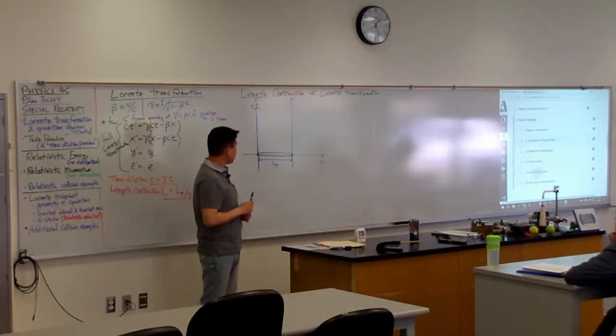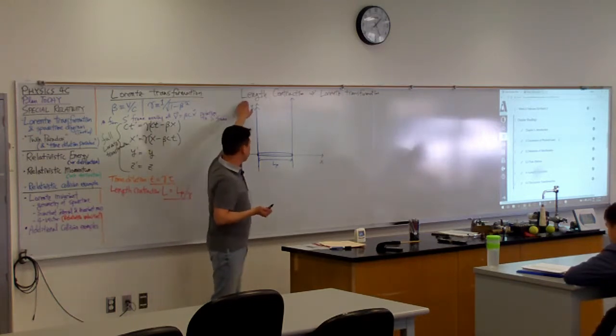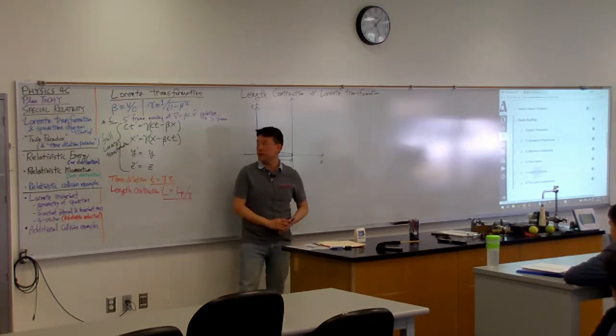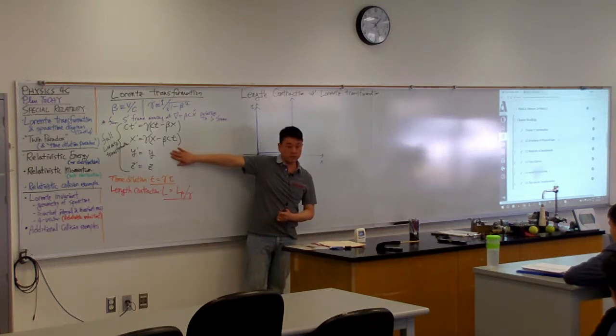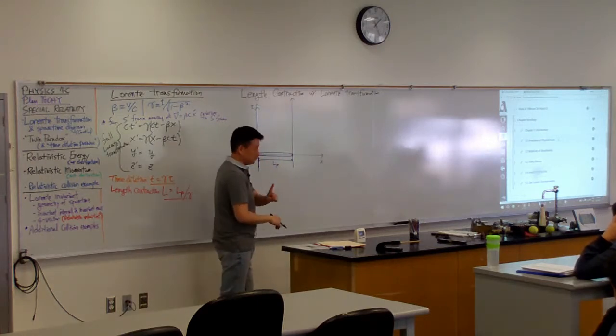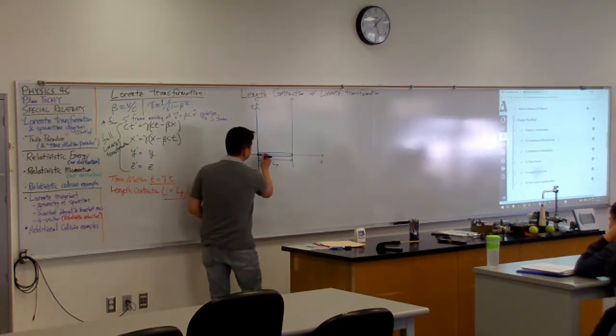Now, let's say we want to rederive length contraction using this space-time diagram illustration and the Lorentz transformation. So we do the same thing as what we were doing last time, except wrongly this time. You have the coordinate of one end of the ruler.